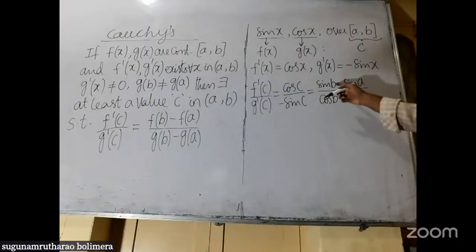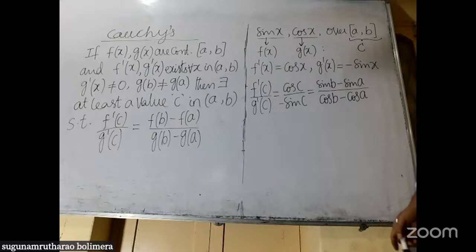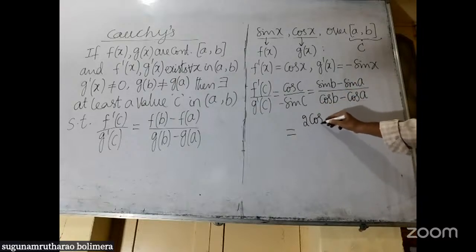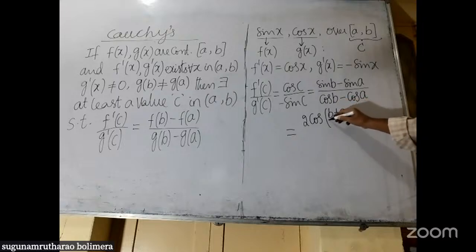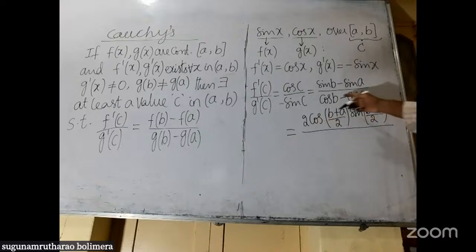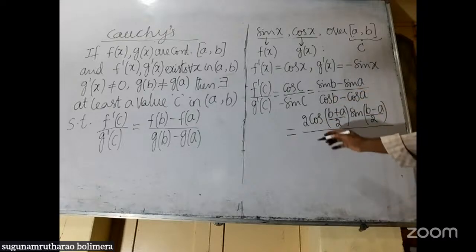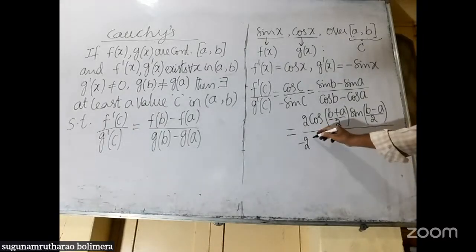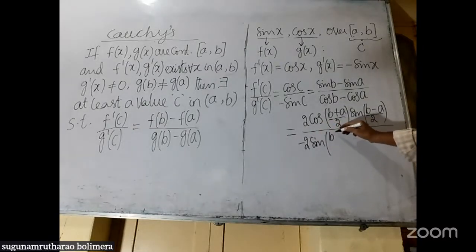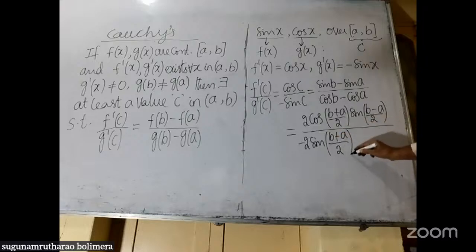The only thing is, if you know the transformation formula, you can say the answer. This is equal to sin b minus sin a, which is 2 cos (b plus a) by 2 sin (b minus a) by 2, divided by cos b minus cos a, which is minus 2 sin (b plus a) by 2 sin (b minus a) by 2.